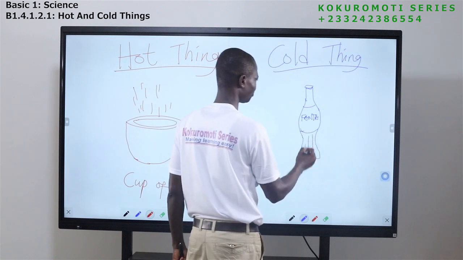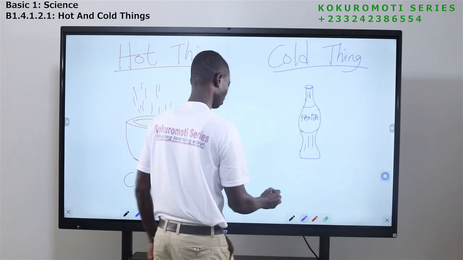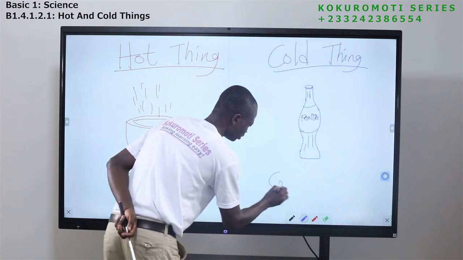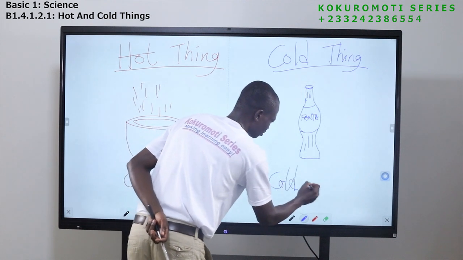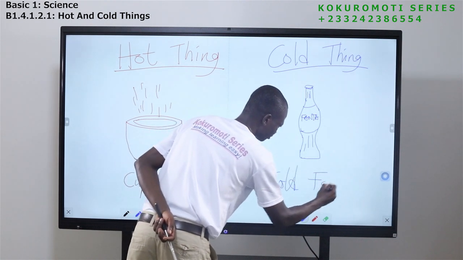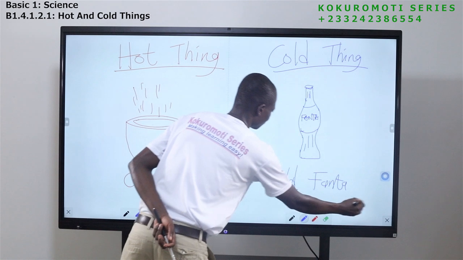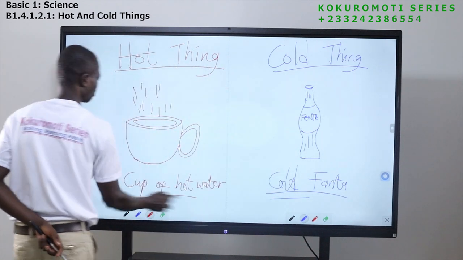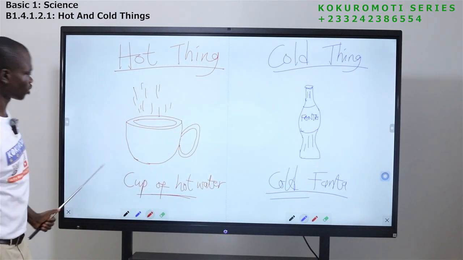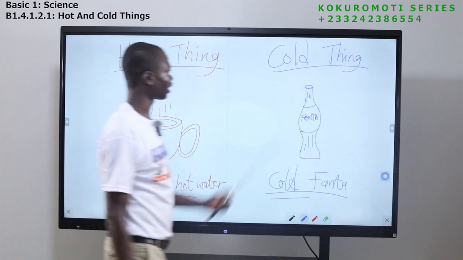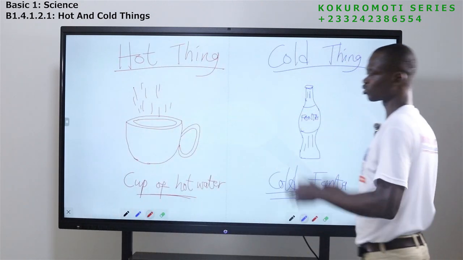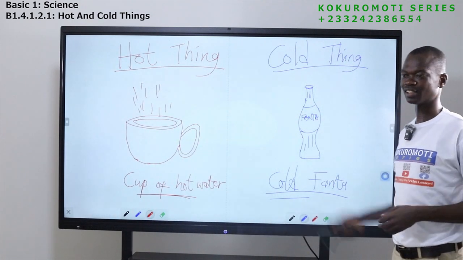Okay. So this is what? Cold Fanta. So we have a hot thing, which is what? Cup of hot water, and then a cold thing, we have what? Fanta. So I expect you to do something like this for me.